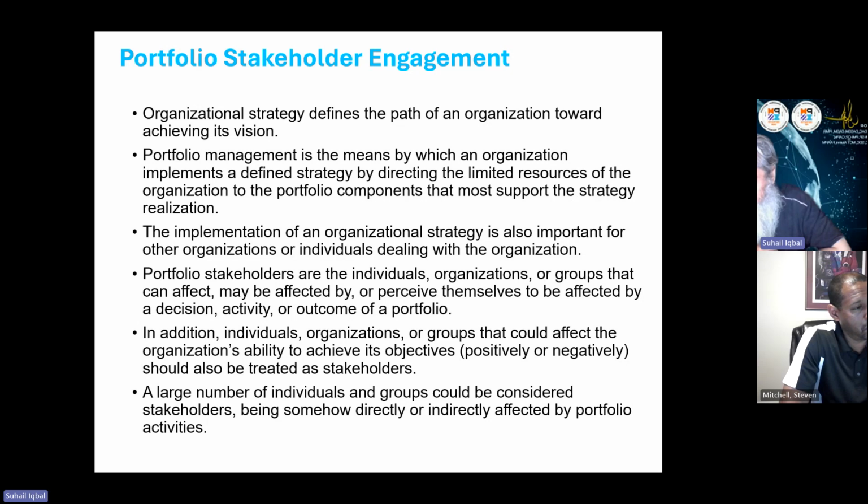But at the same time, all the projects and programs we will give birth to, all of those people will be our stakeholders, and even more. So this is not a small feat. This is not small, easy to understand. Identification of stakeholders at the portfolio level could be a huge endeavor.